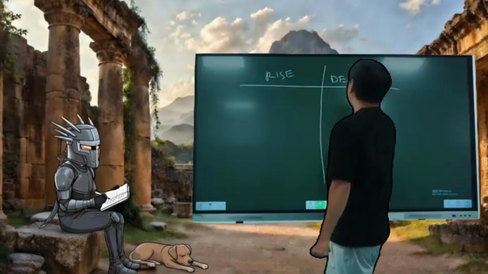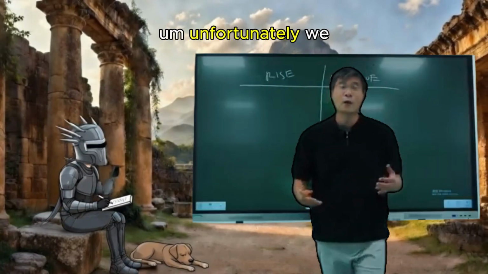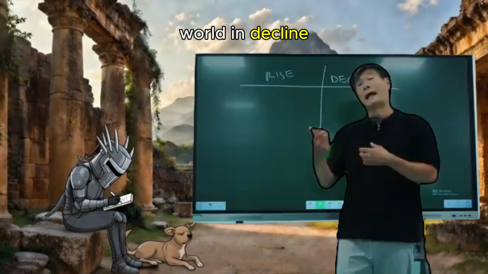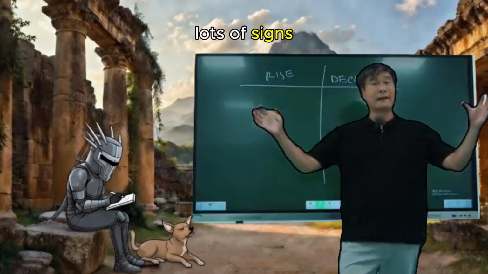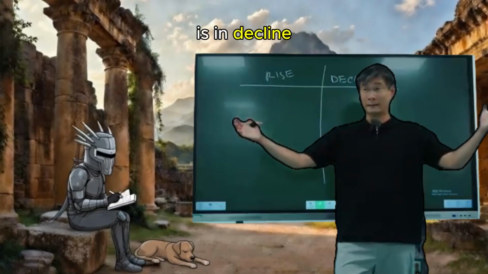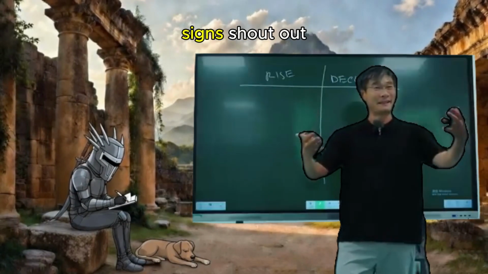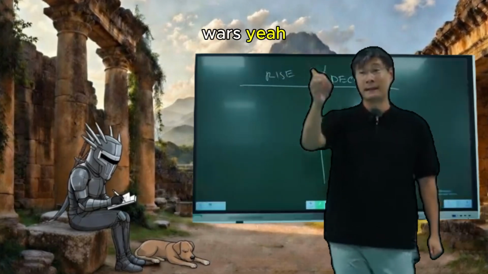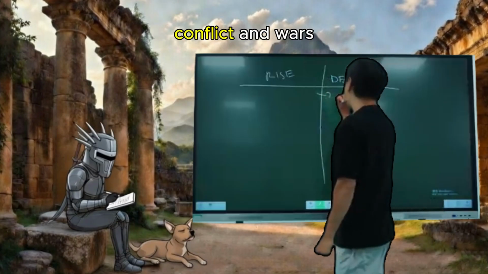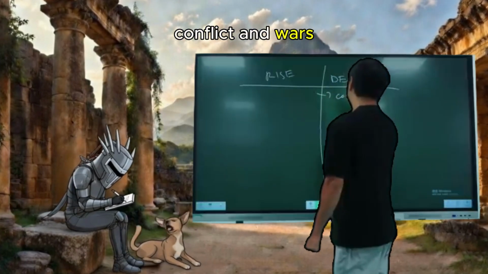Now, unfortunately, we live in a world in decline. So there are lots of signs that the world is in decline. What are these signs? Shout out some signs. Wars. Yeah, very good, okay? So you have conflict and wars.